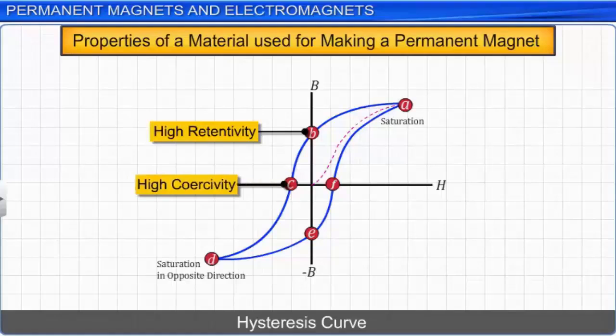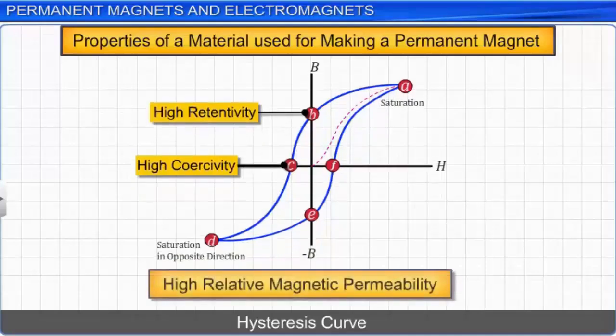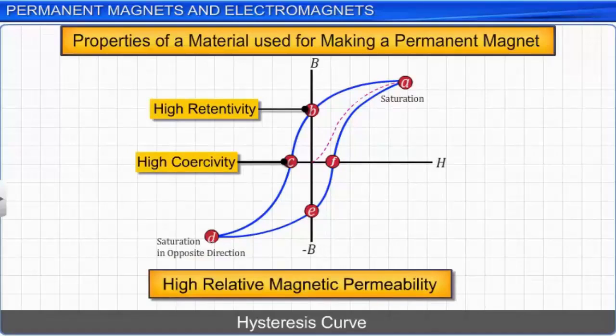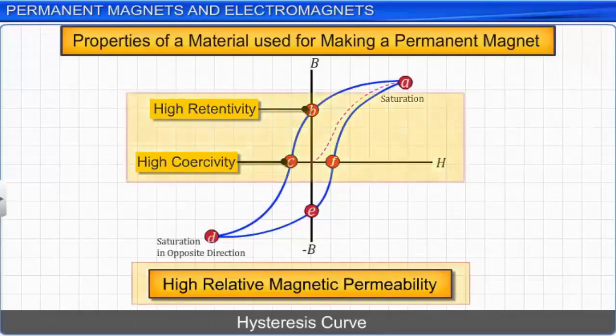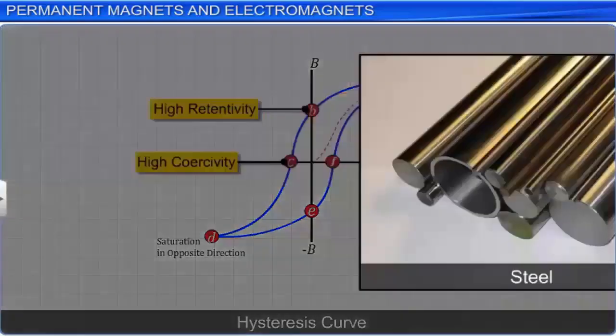Also, the material should have a high relative magnetic permeability so that it can be easily magnetized. Thus, taking into consideration all the properties, steel is the most suitable choice. The other suitable materials are alnico, cobalt steel, and ticonal.